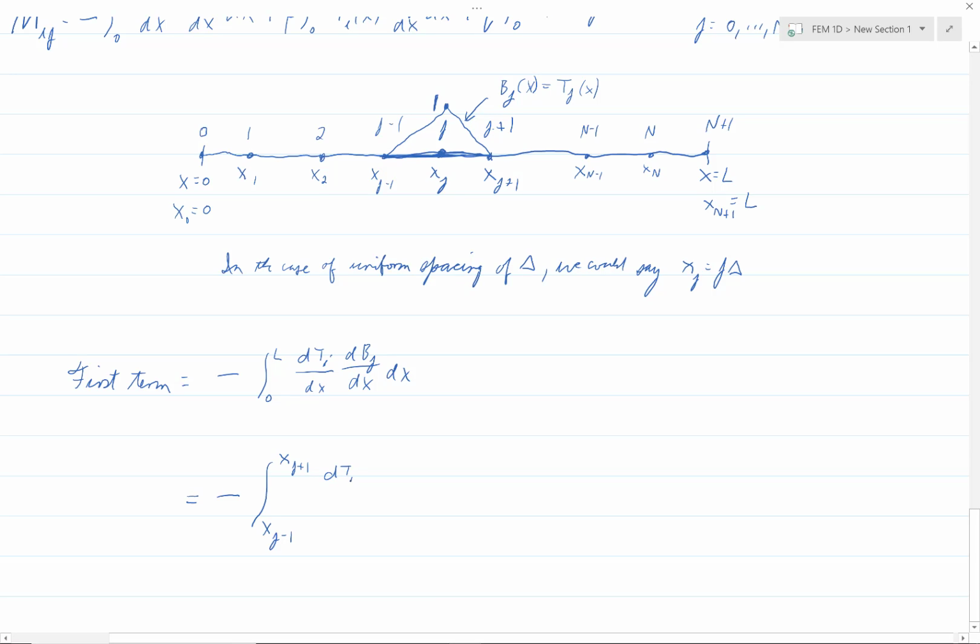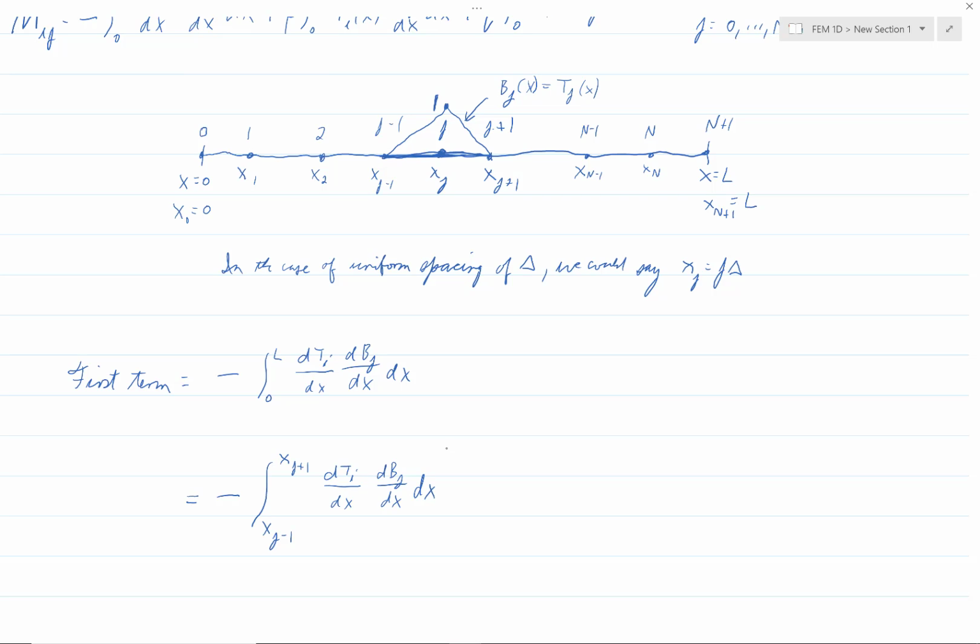dti dx dbj dx dx. And one final time, let me explain. The reason for this is that dbj dx is 0 everywhere else except between xj minus 1 and xj plus 1.